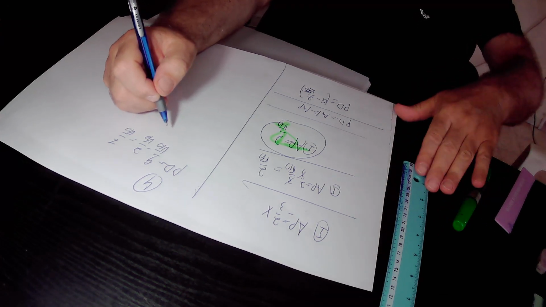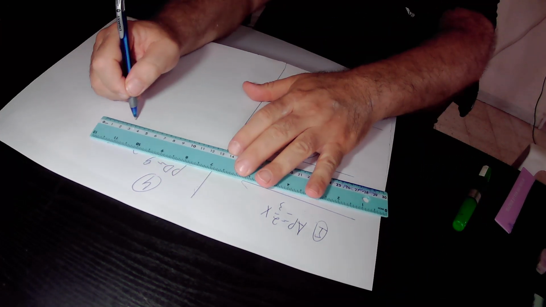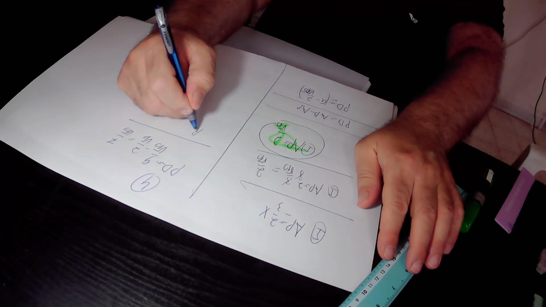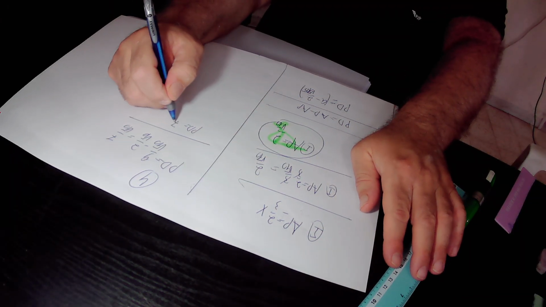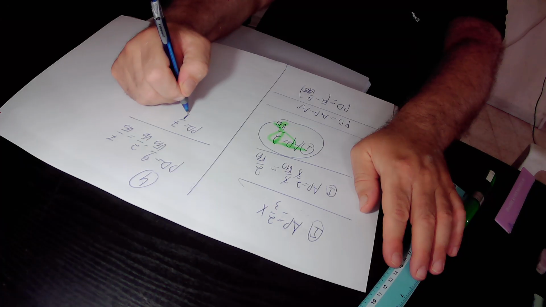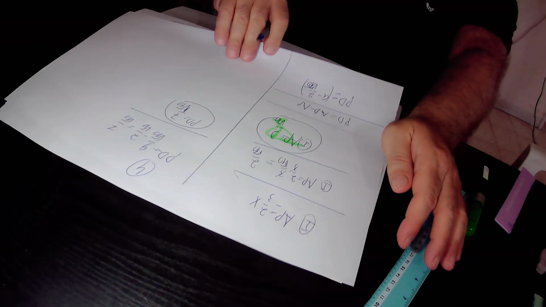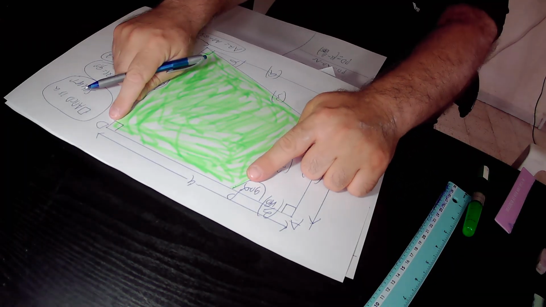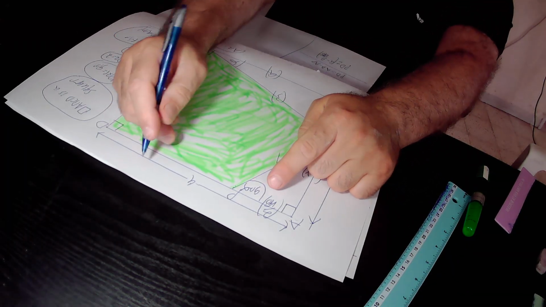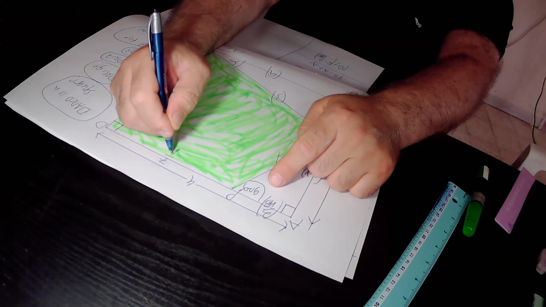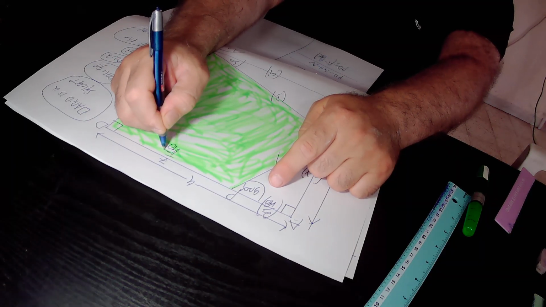So we found out that PD equals 7 over square root of 10 units in its length. So write it down. Here, this is segment PD. This equals 7 over square root of 10 units in its length.